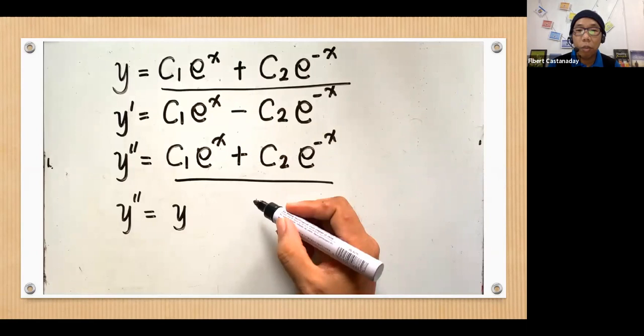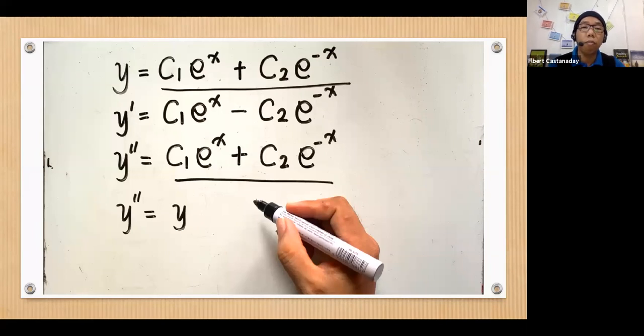So the question is, why did we do this? Because we don't want to see an arbitrary constant in our final answer. Because having arbitrary constants in our final answer in a differential equation is not acceptable. So in our rule, it should be free from arbitrary constants. That's why we take a look at some of the equations, like the given or the second, whichever is helpful in arriving at our differential equation.